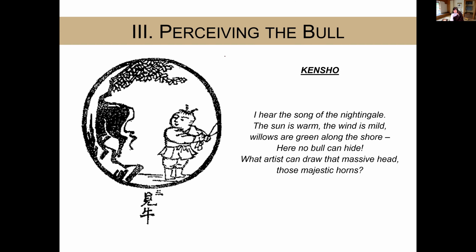So the bull in Asia and in India signifies something sacred, because the bull helps people to grow rice. It helps give them nourishment to survive. So it's seen as a sacred animal that helps people to be able to live.